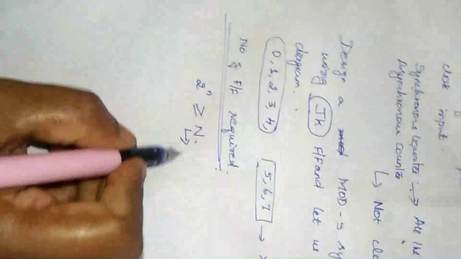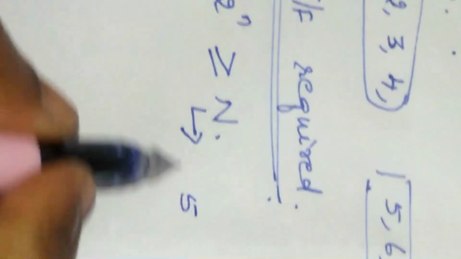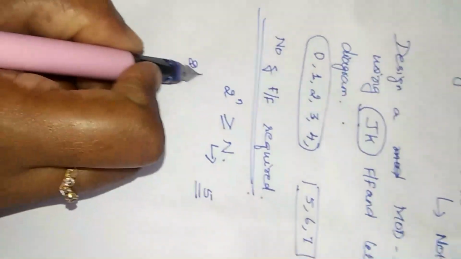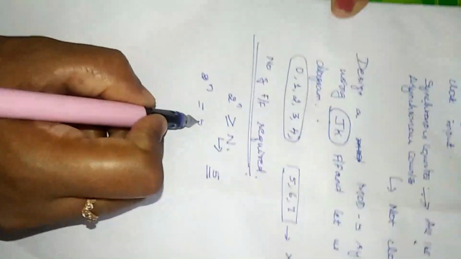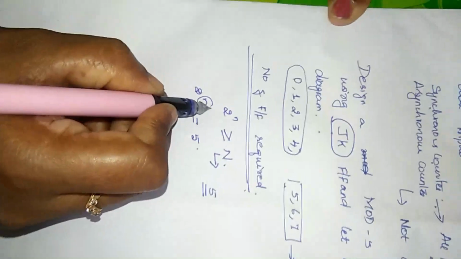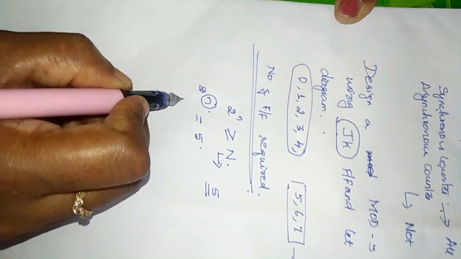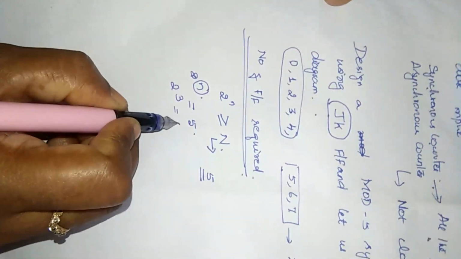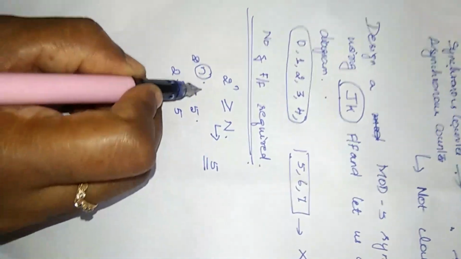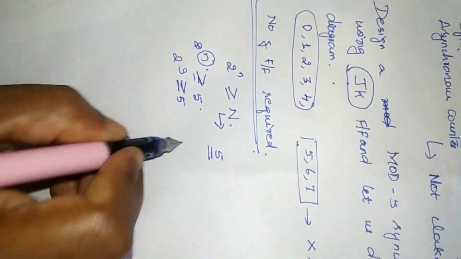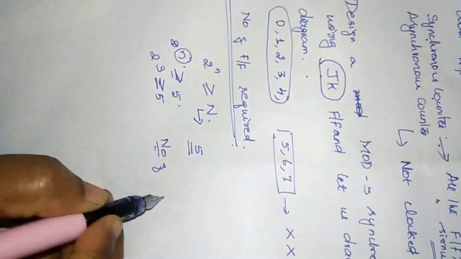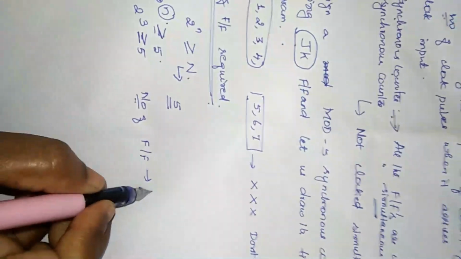This is a mod 5 counter, so 2 to the power n is greater than or equal to 5. So the number of flip-flops used is 3.